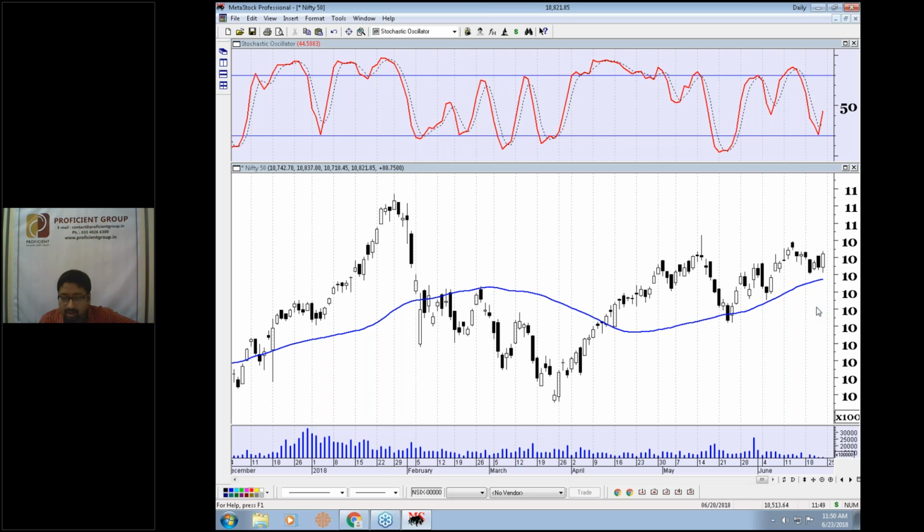This sector comprises certain strong private banks as well as certain NBFCs. So let me show you the chart of HDFC Bank.